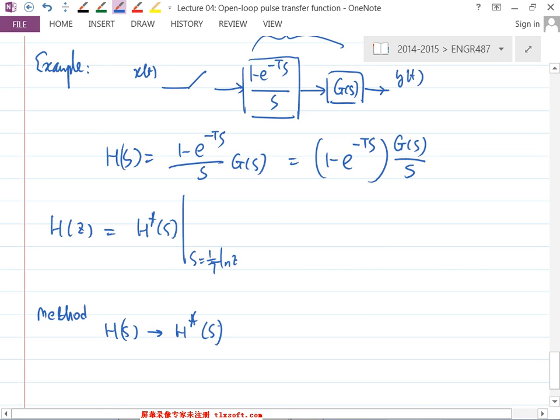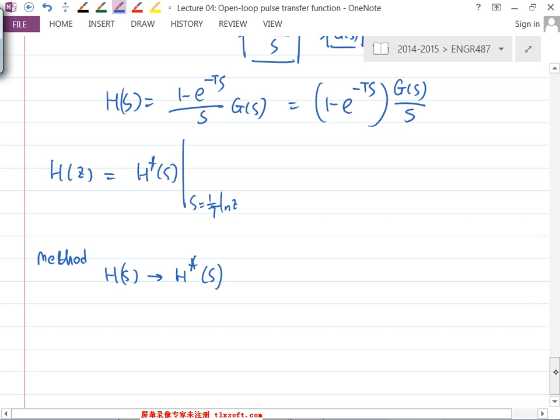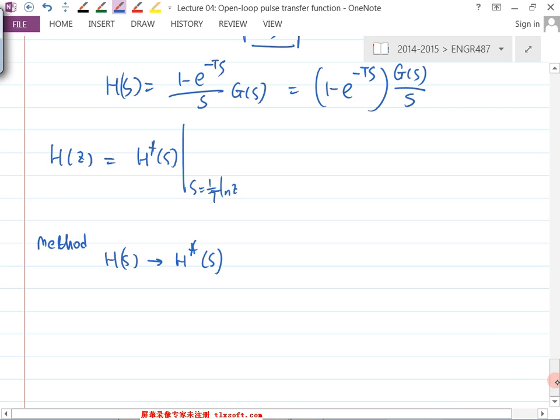Now this approach, I'll tell you a formula, which you will practice just a little bit in one of the assignments. This is basically a formula also from the textbook on page 84 to 87.